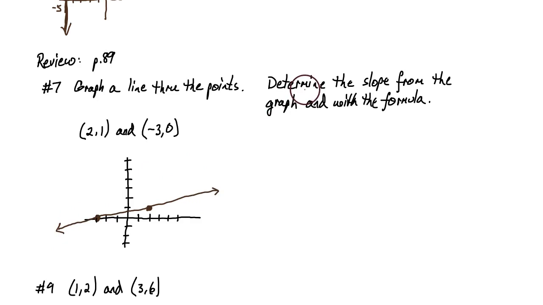The next thing we're asked to do is determine the slope from the graph. Slope is equal to rise over run. Here's the dot that's to the left. Here's the dot furthest to the right. How much do you rise up until you're at the proper height? Just 1 unit. How much do you run sideways until you get to that dot?